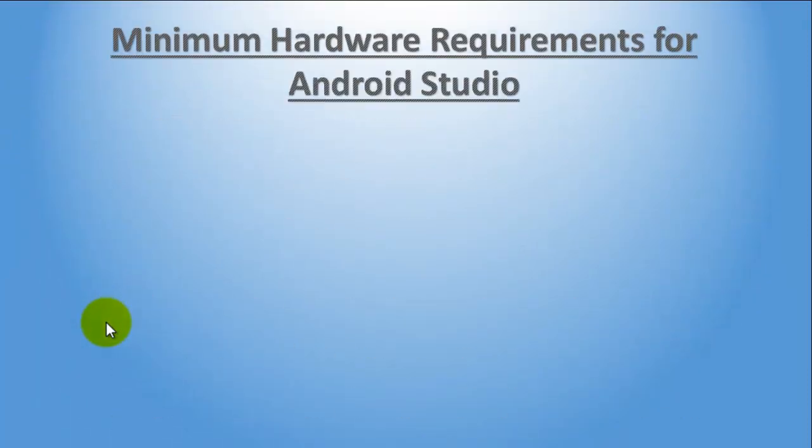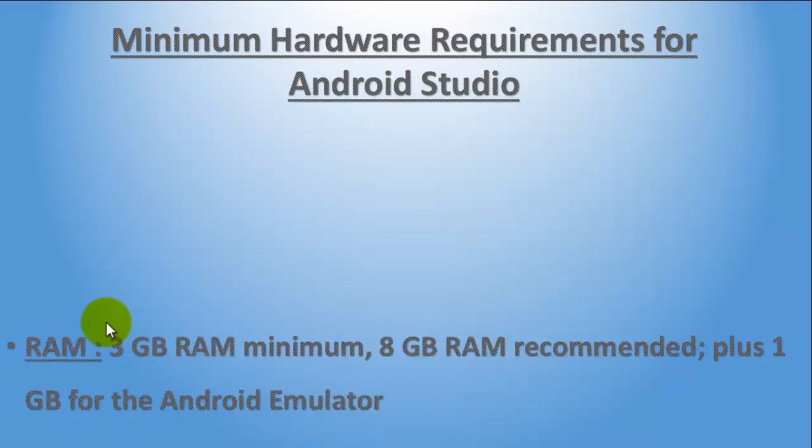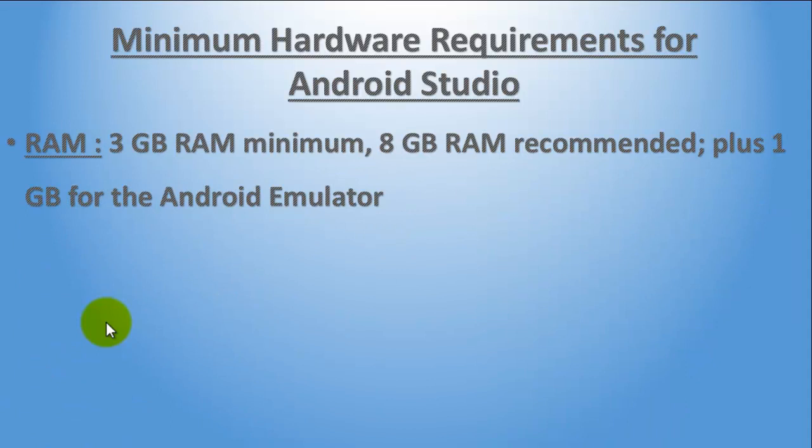So what are the minimum hardware requirements for Android Studio? You must have a minimum of 3 GB RAM. That is the minimum requirement to install and run the Android Studio IDE.